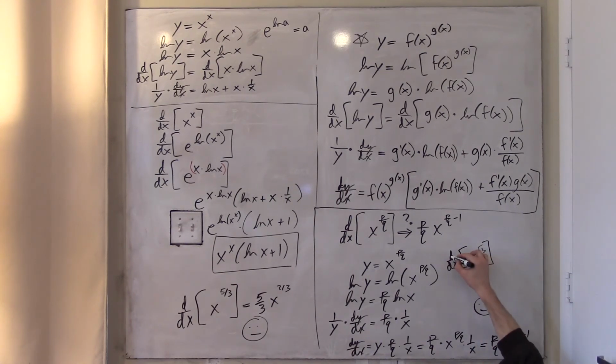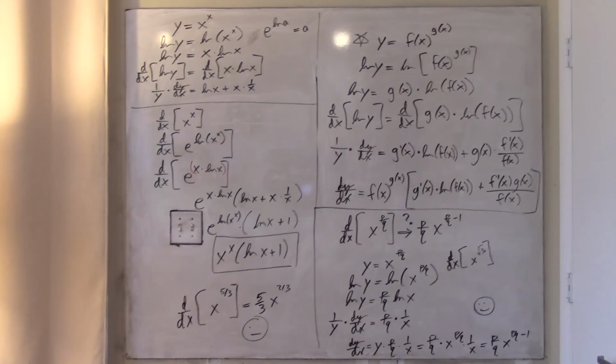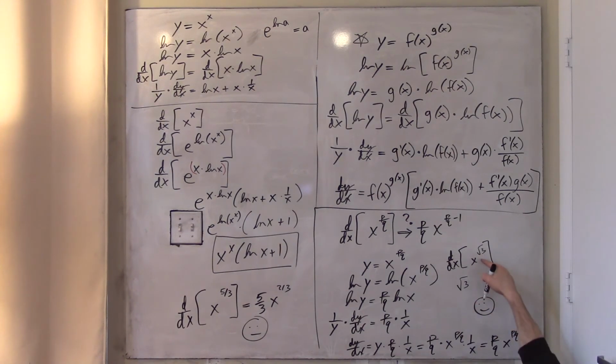I don't know what kind of psychopath would ever be messing around with a function like that, but if that's the function you wanted to differentiate, then the power rule suggests that the answer should be root 3 x to the root 3 minus 1, and that's just true. And the truth of that is handled by this proof here that I just gave.